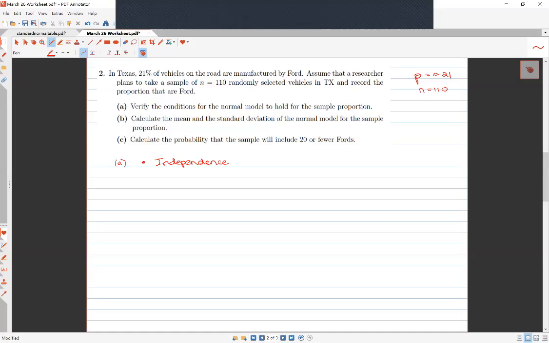So I'm not going to my neighbor's house who I know has 5 Fords and putting all 5 of those in my sample, because if I'm getting 5 vehicles owned by the same person, I don't have that independence. Each vehicle included in my sample needs to be independent of every other vehicle in my sample. So we need to assume independence.